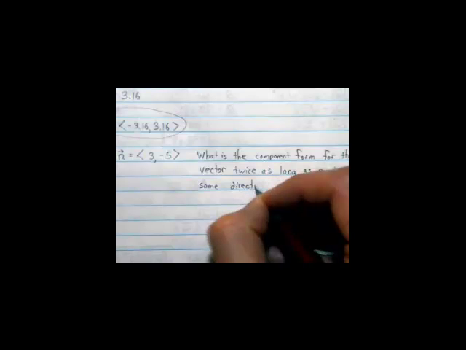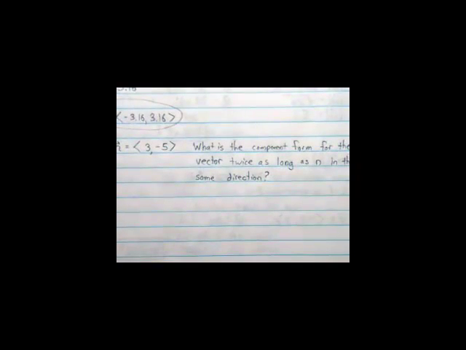Just hold that thought. Okay, so I'm going to do it the long way, but then we'll come back to what you're talking about. I'm proving it to you, okay?